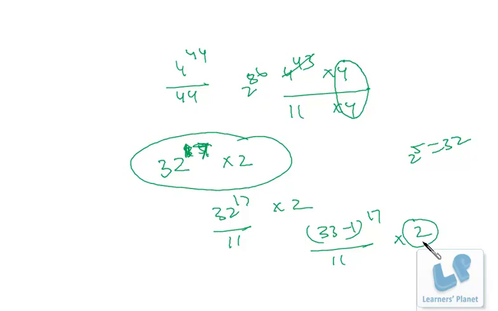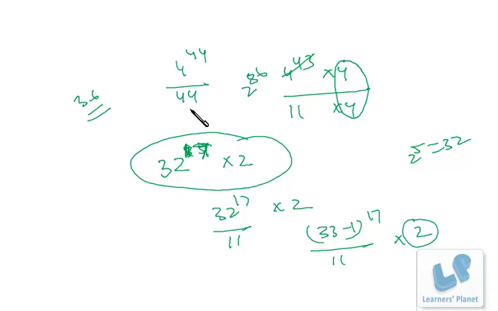Then the actual positive remainder will be 11 minus 2, that is 9. Now we have already taken this 4 as common. So whatever remainder we have got over here, 9 into that 4, that's 36, will be the actual remainder when 4 to the power 44 is divided by 44.